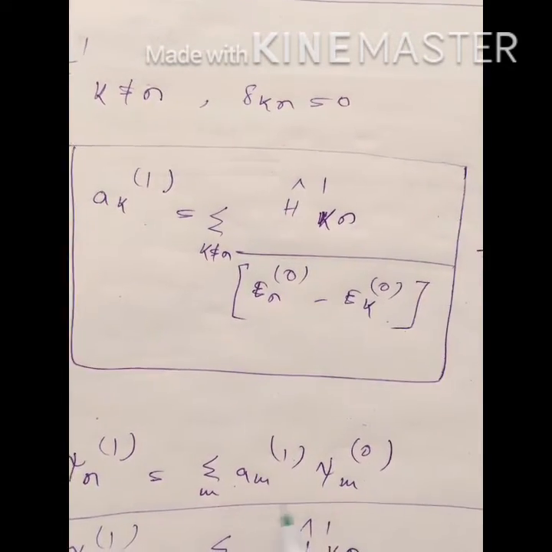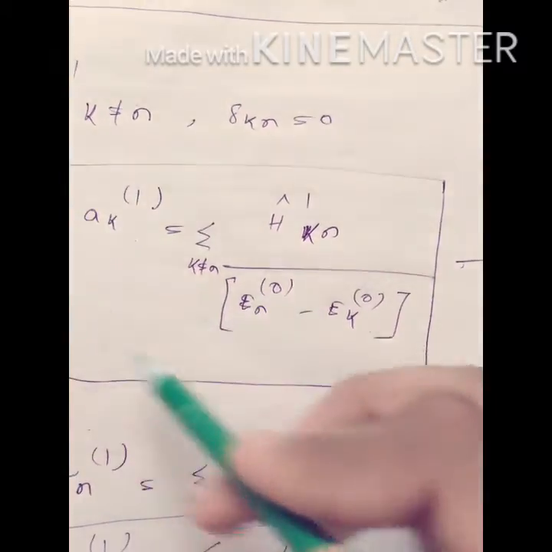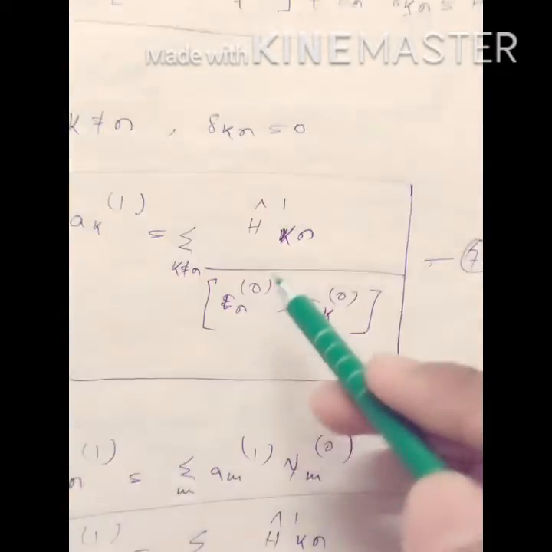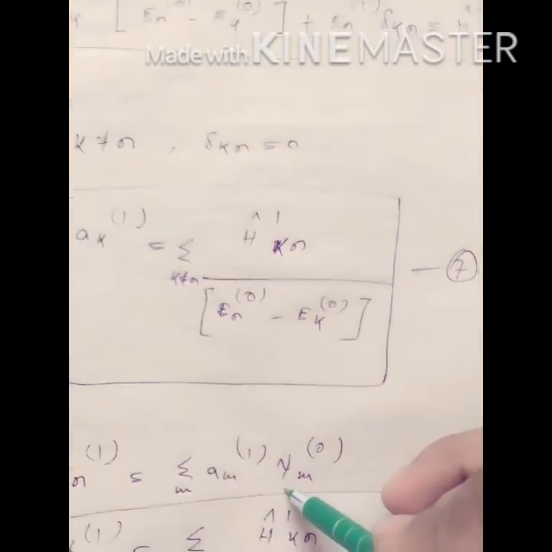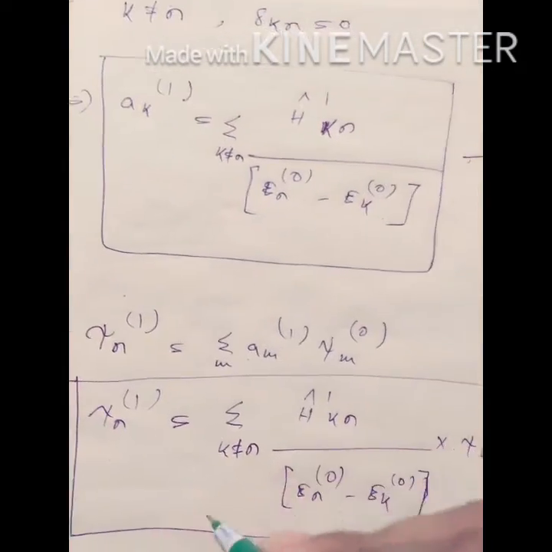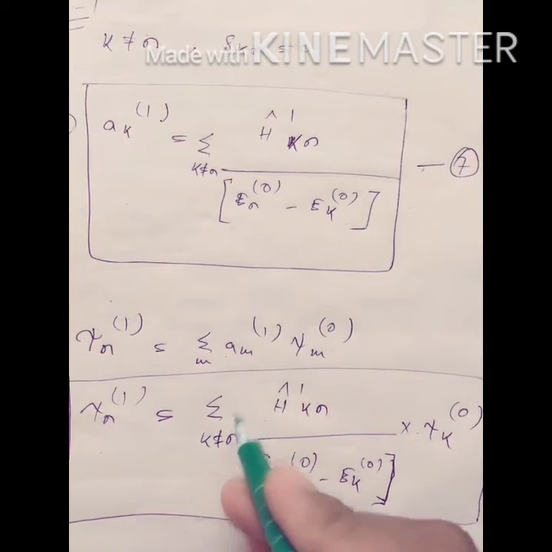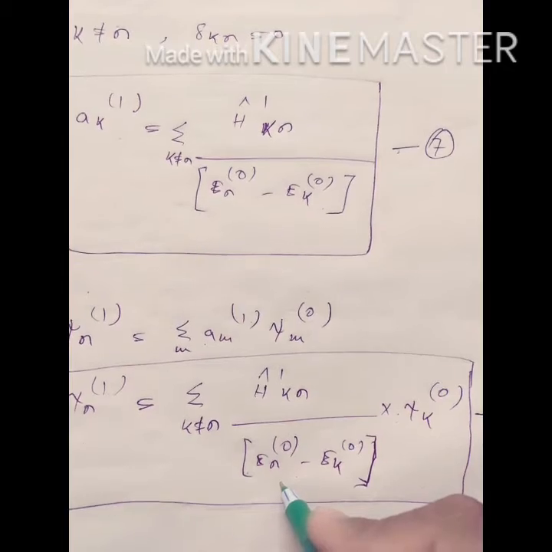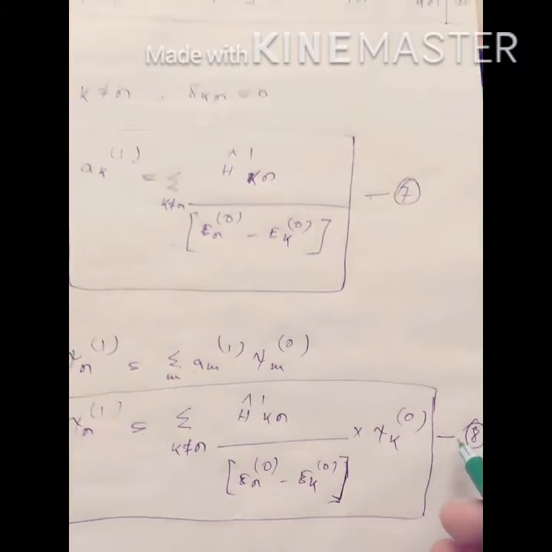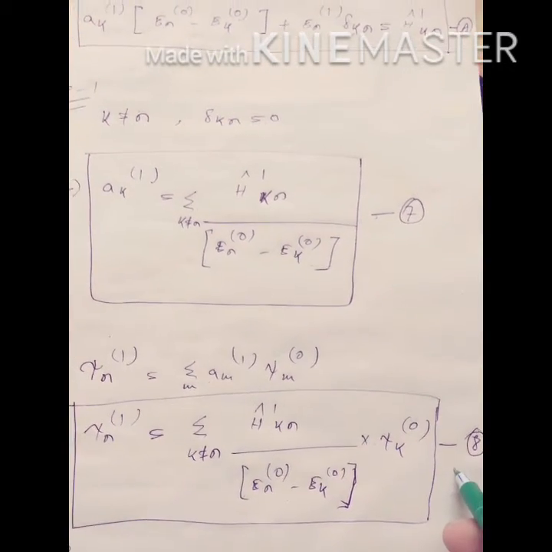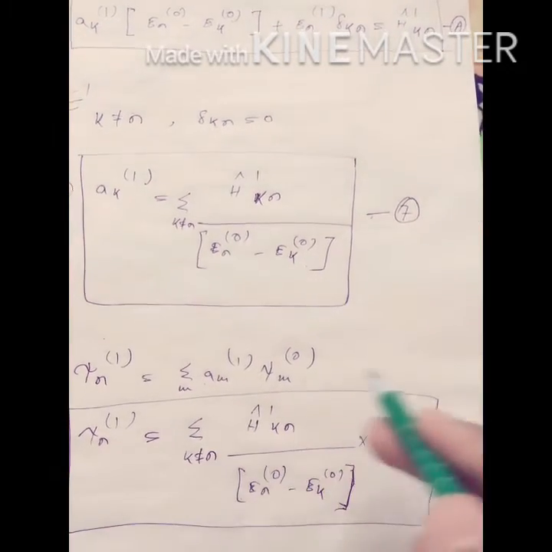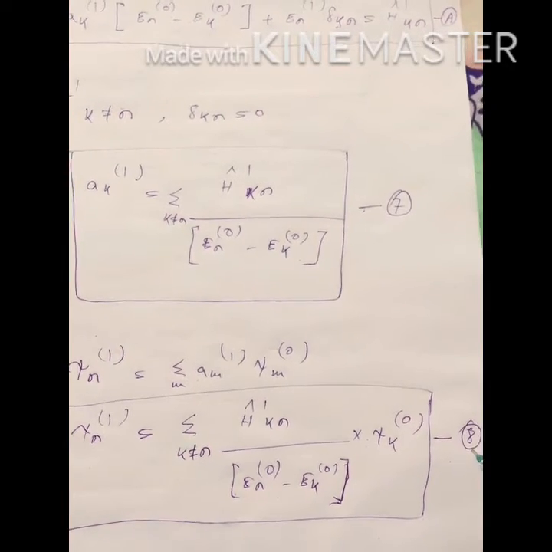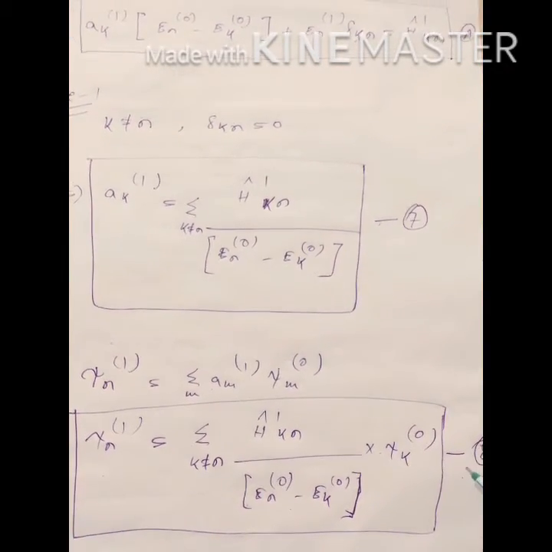Instead of m we write k, and put this value in this equation. So psi n1 is equal to sigma k not equal to n H prime kn divided by (En0 minus Ek0) into psi k0. This is equation number 8, known as the first order correction to the eigenstate psi n1.